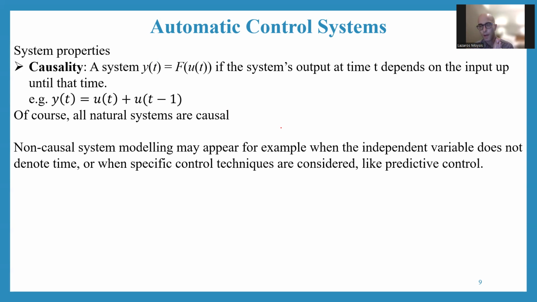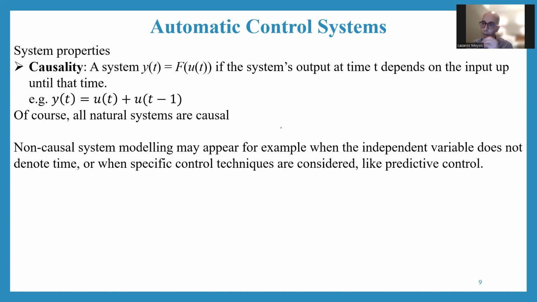So, naturally, in nature all around us, systems are, of course, causal because you can't have a system that accepts input from the future, right? It makes absolute sense. But still, in control design, you may encounter non-causal examples. For example, when designing control techniques like predictive control. Predictive control is just like, say, for example, you are playing cards, like Magic the Gathering or something else.